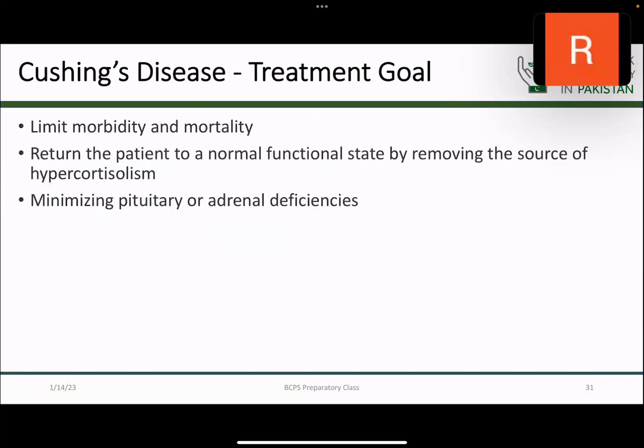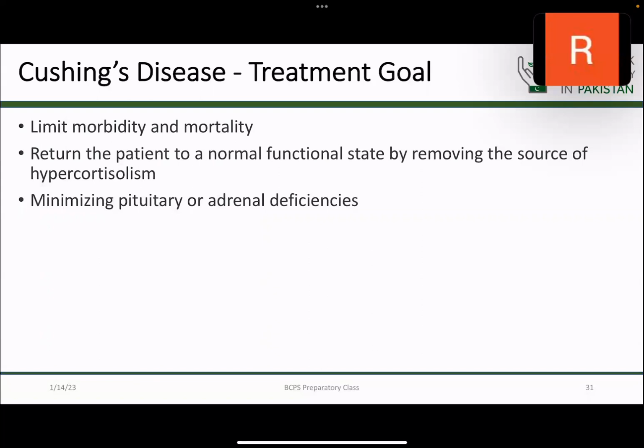So the treatment goal in Cushing disease is to limit morbidity and mortality and to return the patient to a normal functioning state by removing the source of hypercortisolism. So we want to decrease the secretion of cortisol so that the functional state could be restored.